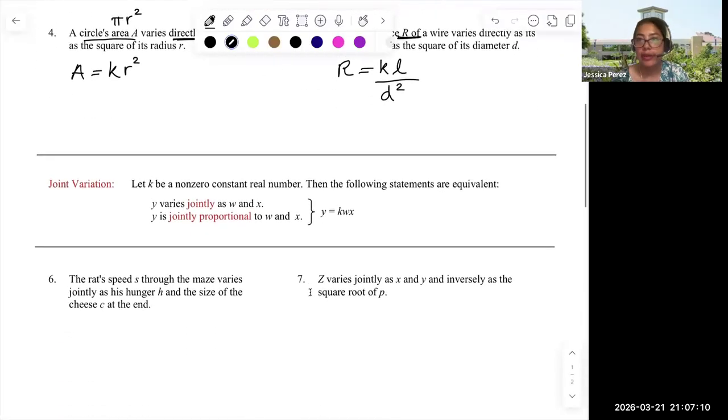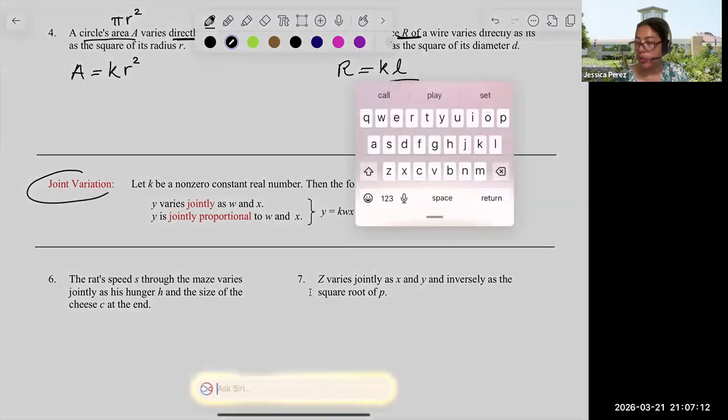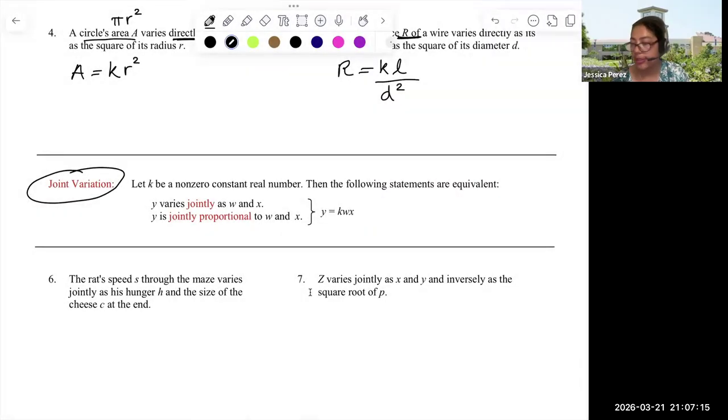What is a joint variation? A joint variation is: let k be a non-zero constant real number. Then the following statements are equivalent. Again, remember it can be y, z, t, any variable. Let y vary jointly as w and x.